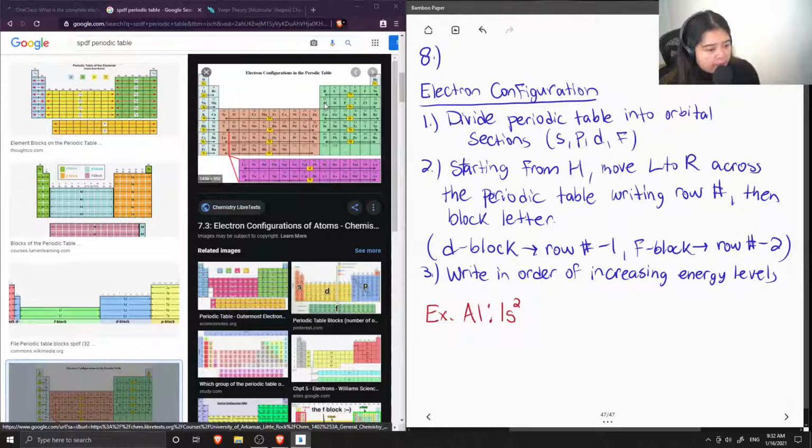Then we go down to the next row, which is row 2. The block letter is S, and having a superscript of 2 adds another 2 electrons.